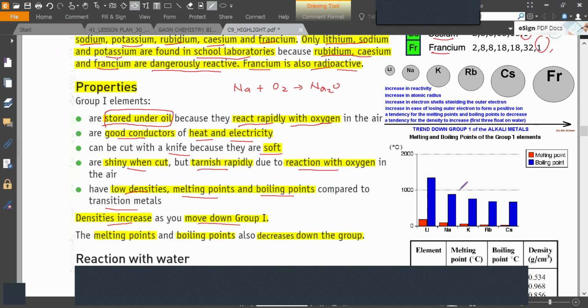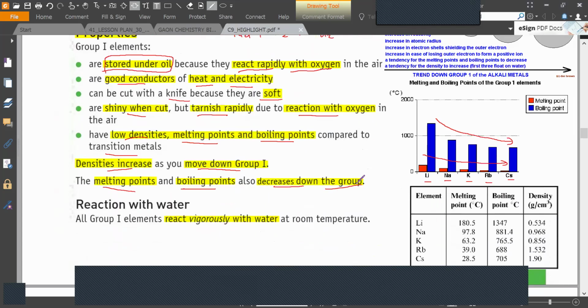Melting points and boiling points decrease down the group, from lithium, sodium, potassium, rubidium, cesium. At this moment, we don't need to know exactly why it decreases; we will learn that at a higher level. We just need to know that it decreases.